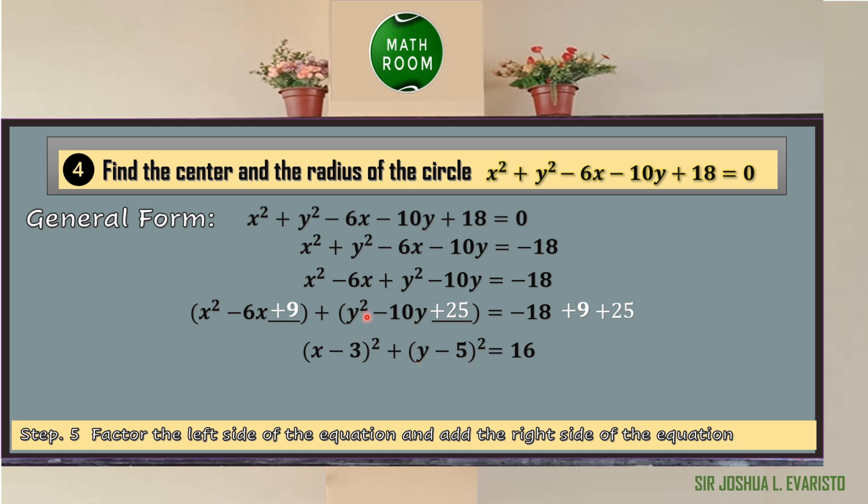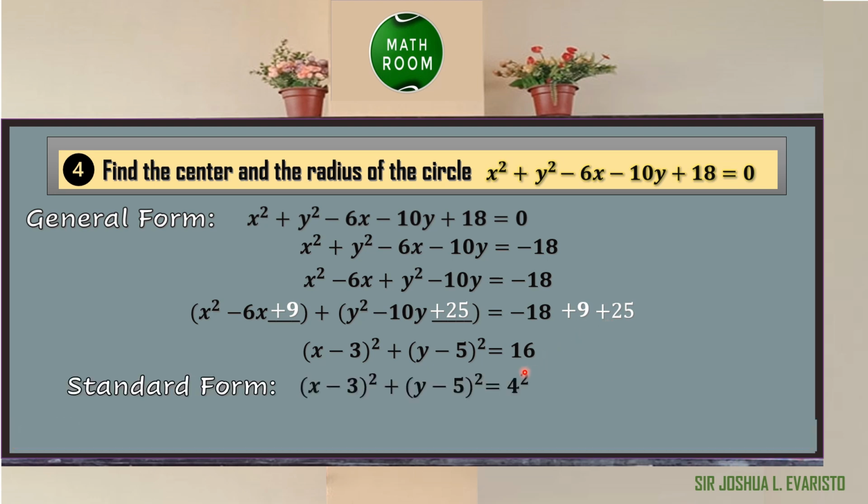Since the square root of y squared is y, copy negative, then the square root of 25 is 5. This is equal to negative 18 plus 9 plus 25, that is 16. We can also write it in the form (x minus 3) squared plus (y minus 5) squared is equal to 4 squared, since the square root of 16 is 4.